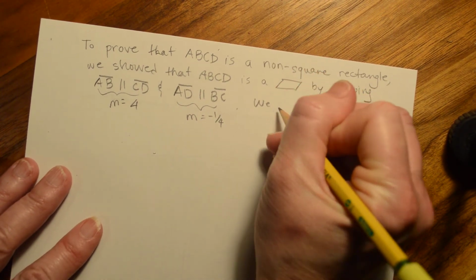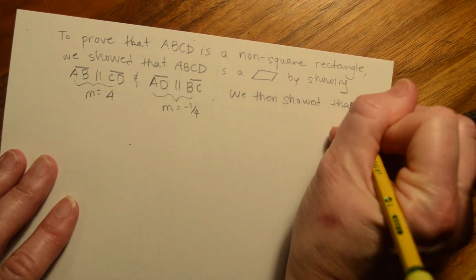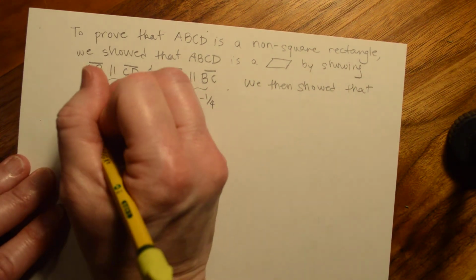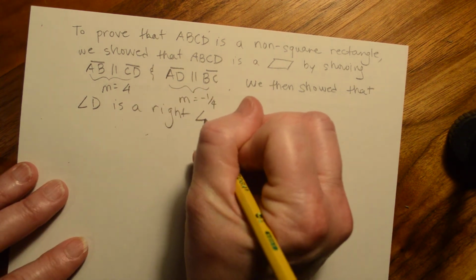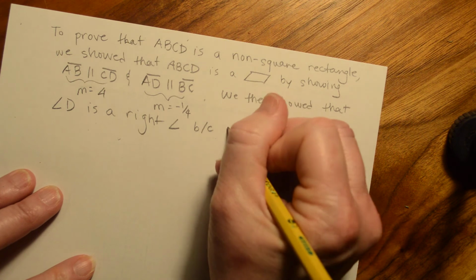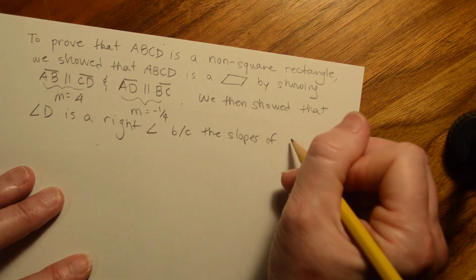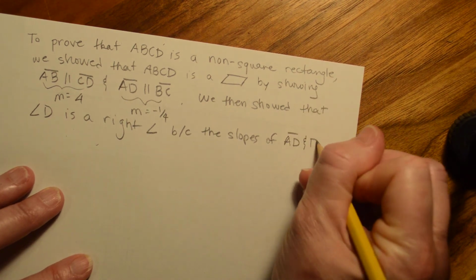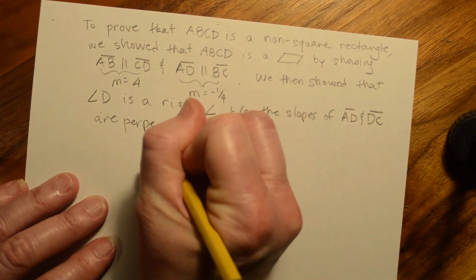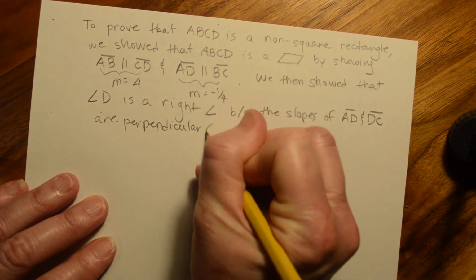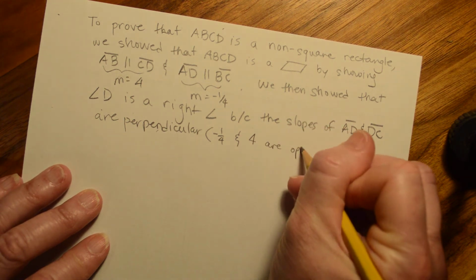We then showed that angle D is a right angle because the slopes of AD and DC are perpendicular. -1/4 and 4 are opposite reciprocals.